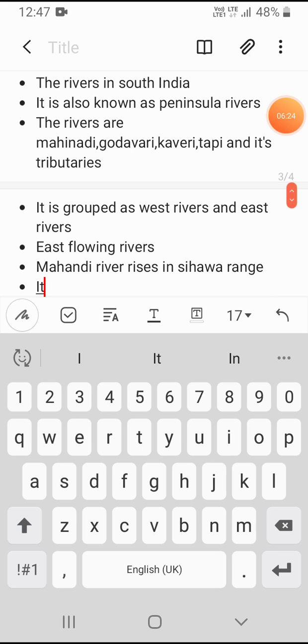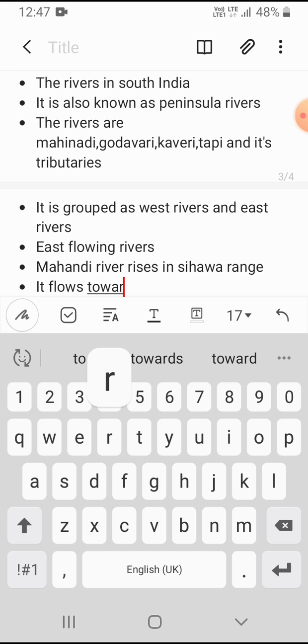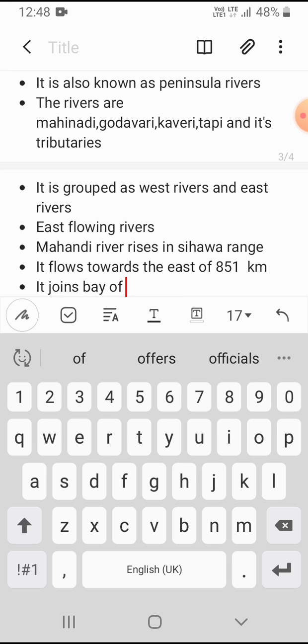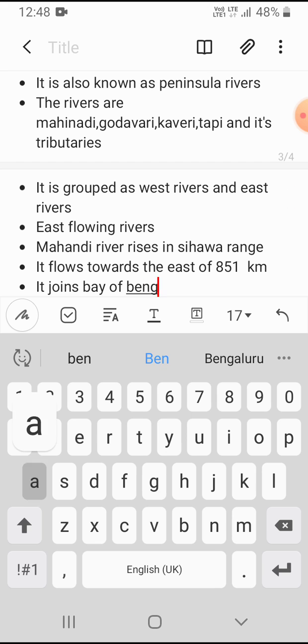Then it flows towards the east. Its length is 851 kilometer, and it joins the Bay of Bengal afterwards. So this is about Mahanadi river.